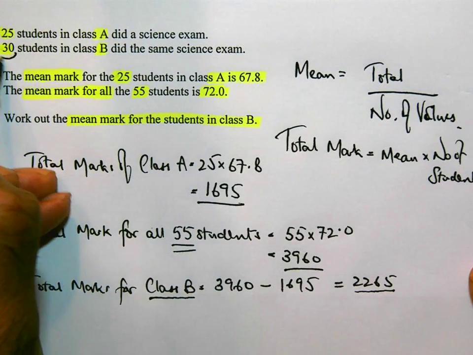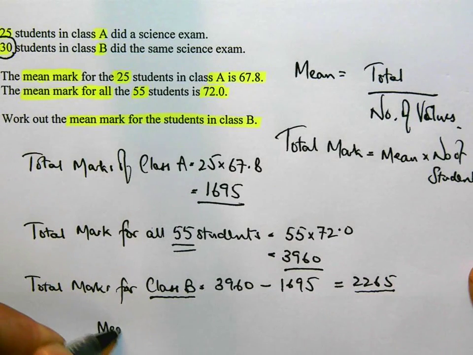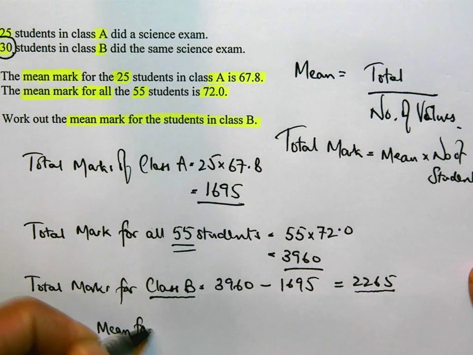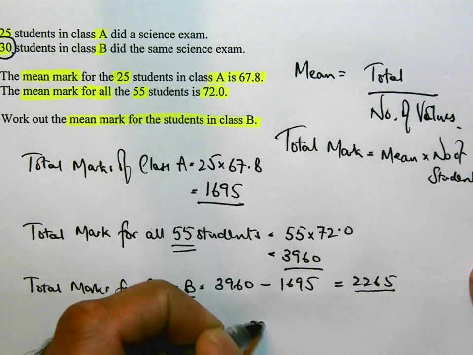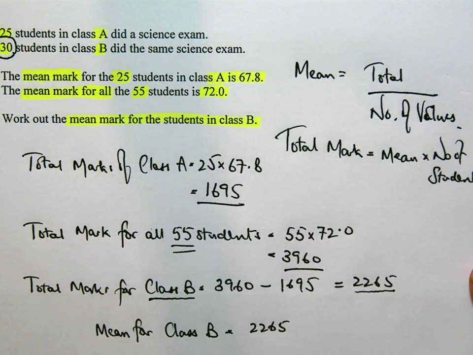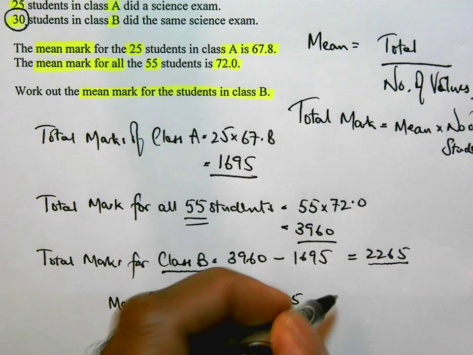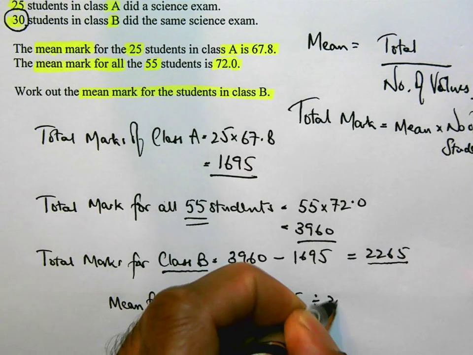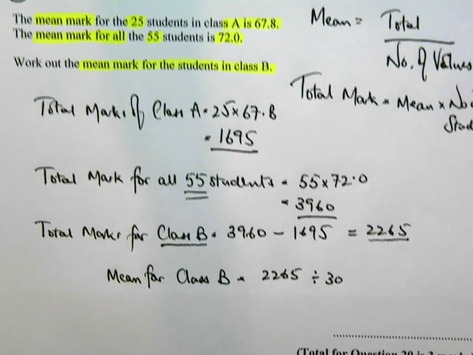There are 30 students in class B. So the mean for class B is going to be 2,265 divided by 30. And again, I'll get my calculator, do the calculation.